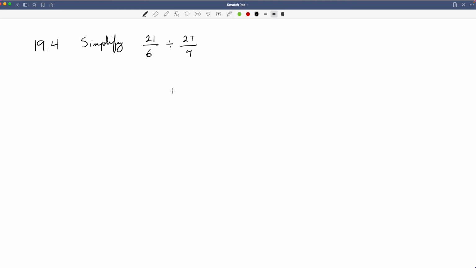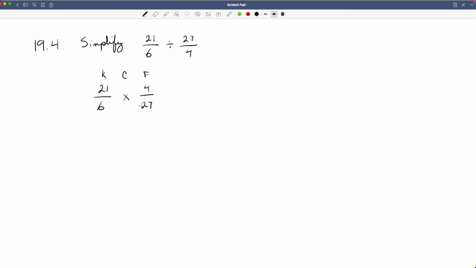We are going to, first of all, do keep it, change it, flip it, so that we can make this easier to solve, right? So 21 over 6, that's the keep part. Change is turning it into multiplication, and flipping it puts the 4 over the 27.